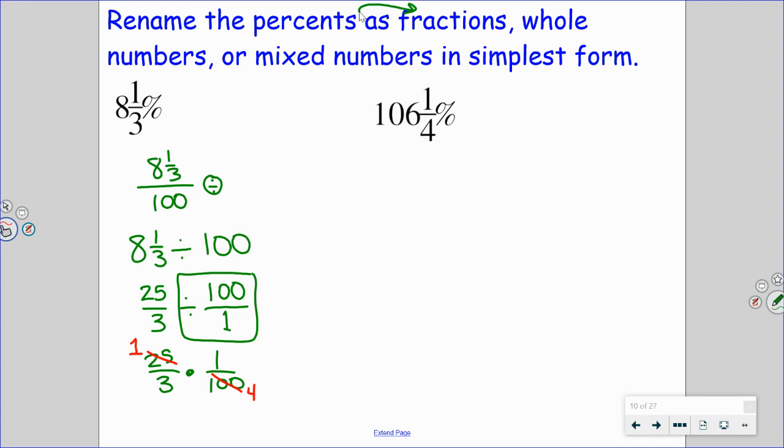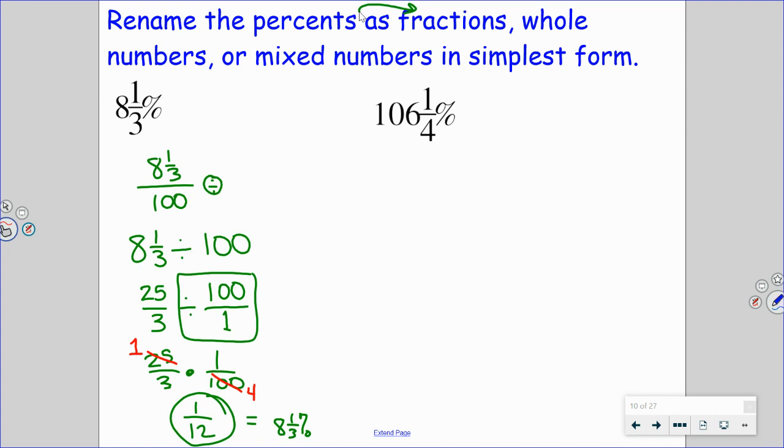And so we end up with 1 times 1 and 3 times 4. And by the way, it kind of makes sense. I'm going to tidy that up a little bit. After all, 8% is a little smaller than 10% or 1/10. And 1/12 is also a little smaller than 1/10.